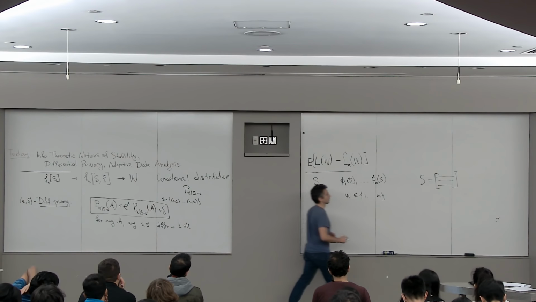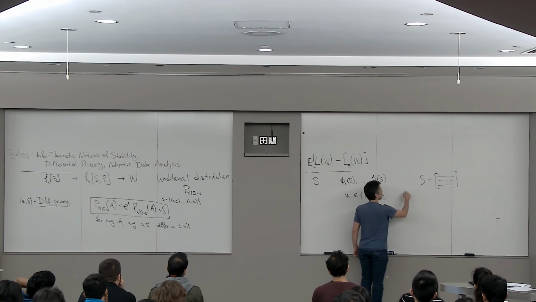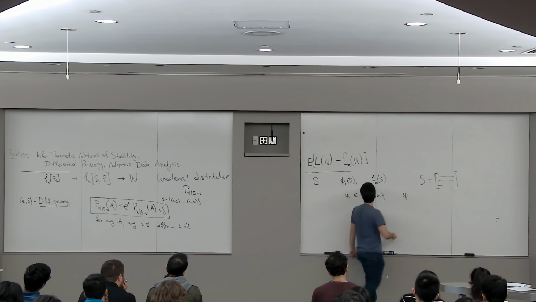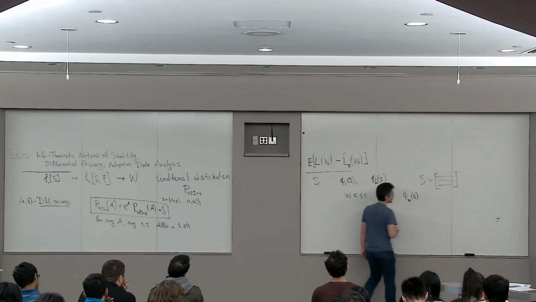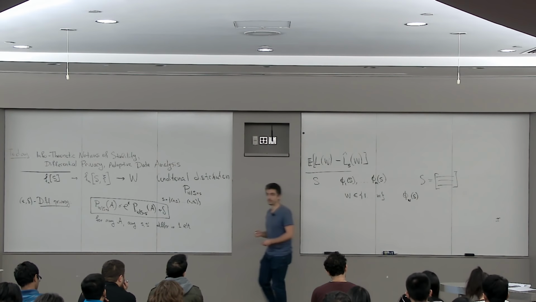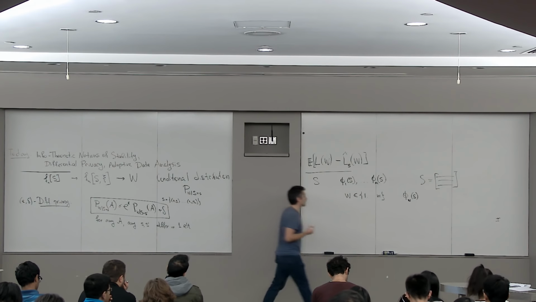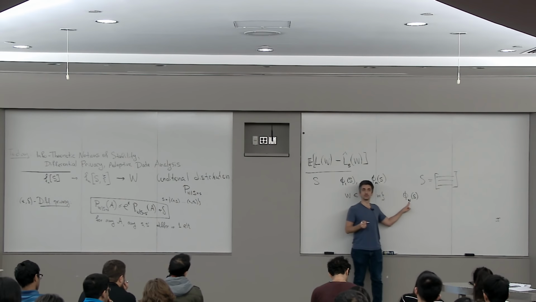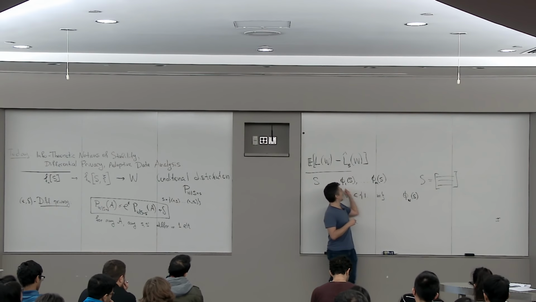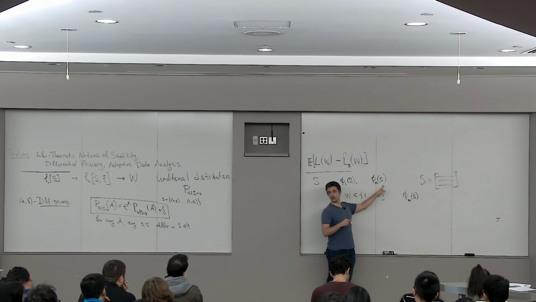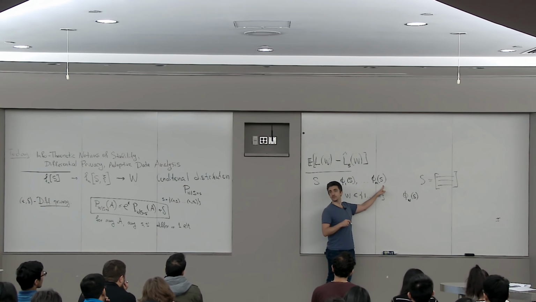So what is reported in the paper? Phi of sub W, of S. That's the one being reported. But you see, the choice of W depended on the S itself.